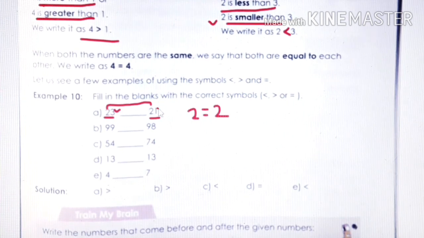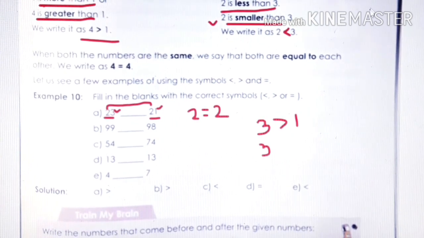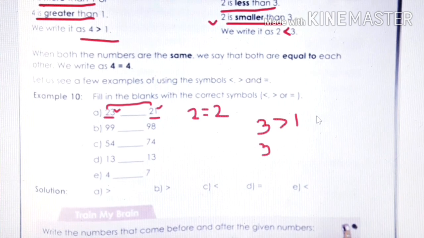And here is 1. So between 3 and 1, children, what you get, that 3 is greater than 1. So how can you write in words that 3 is greater than 1? You can write the spelling of greater than 1. Is it clear?